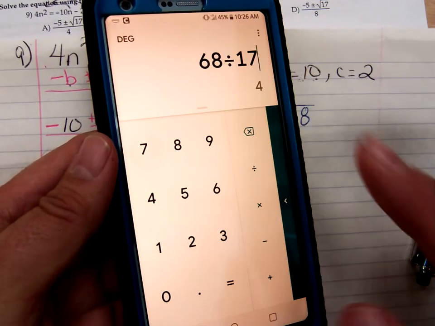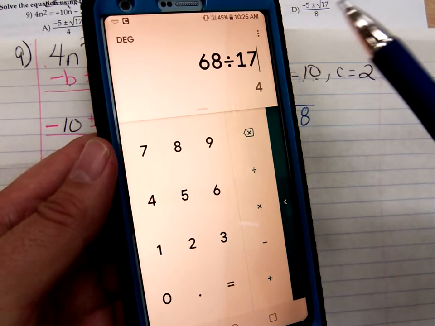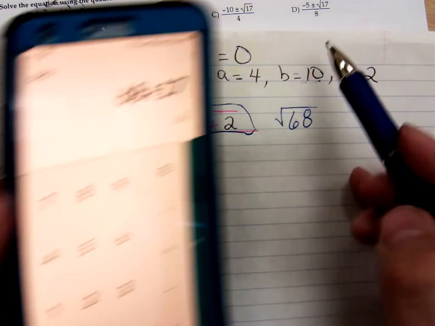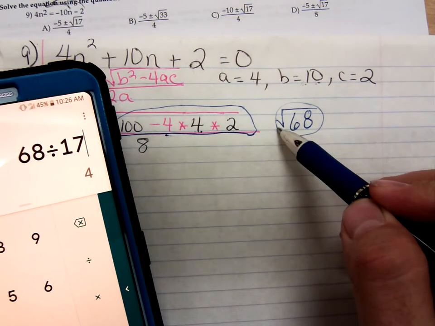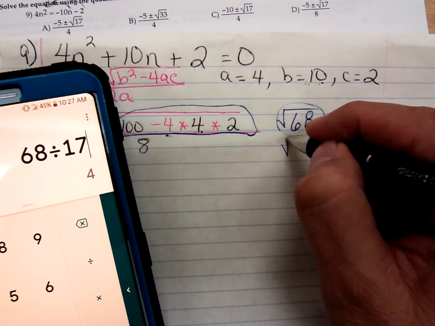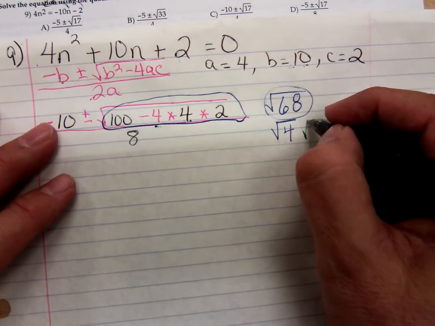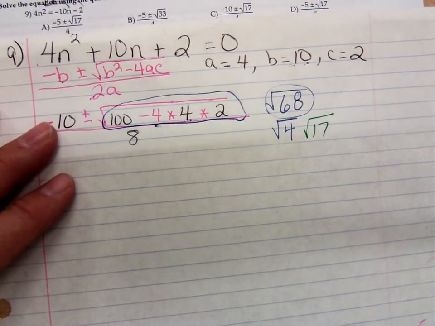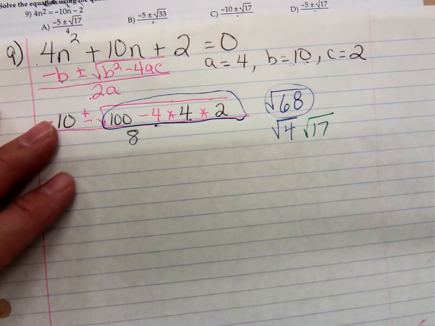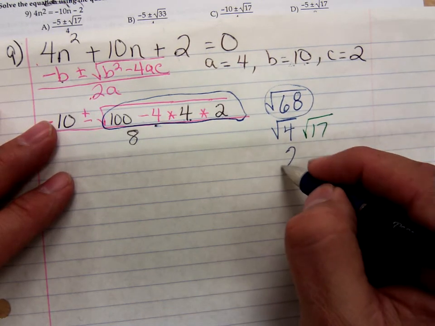Yes, a 4. So I'm going to simplify the square root of 68 by writing it as the square root of 4 times 17, which will reduce to 2 square root of 17.